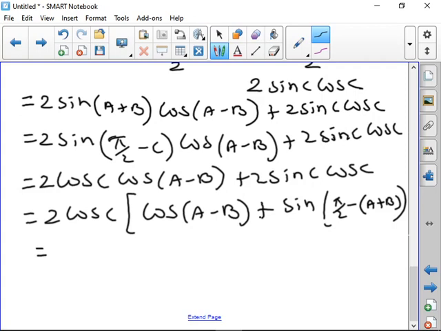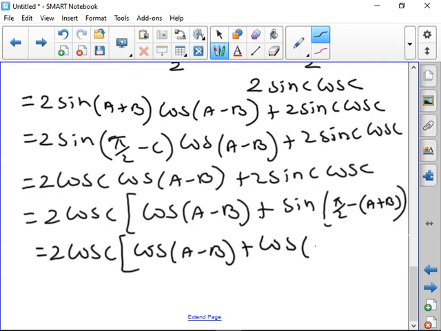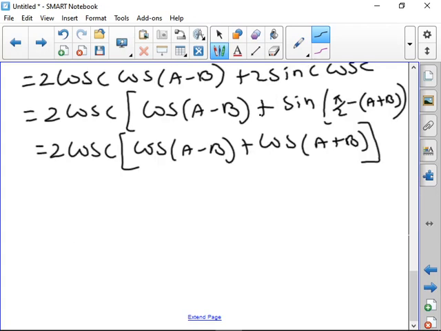So it is equal to 2 cos C into cos (A-B) plus sin (90 minus theta), which is cos theta. So cos (A+B). So it is equal to 2 cos C into cos (A-B) plus cos (A+B).